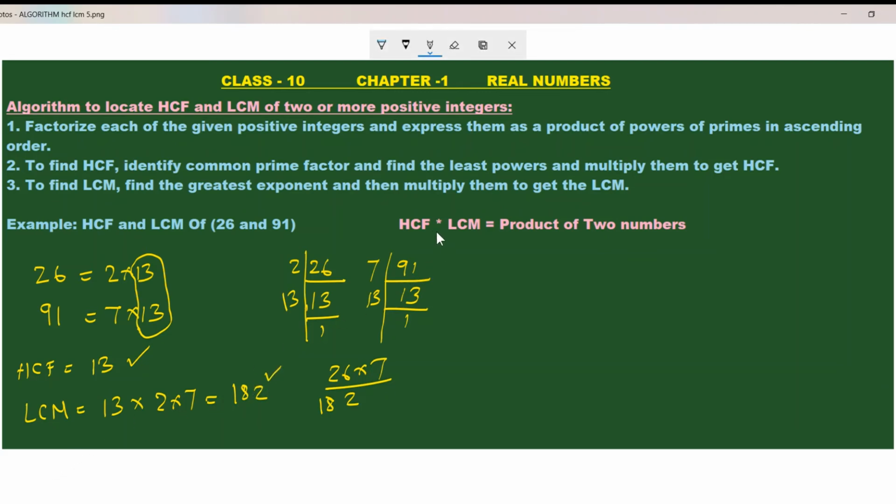Now we have to prove this one. What is the HCF? 13, multiplied by the LCM 182. What are the given numbers? 26 and 91.